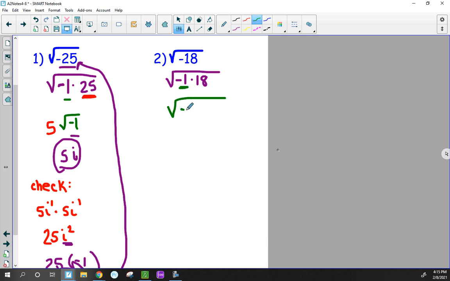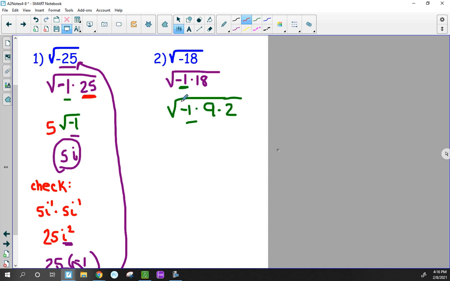You're going to drop your negative 1 down. We'll come back to that. You're now going to write 18 as the biggest factor perfect square that goes into it. 9 would be the biggest one, so it's 9 times 2. And then you pause for a minute and you make sure that this problem you've just written is exactly the same as the original. Negative 1 times 9 times 2 is negative 18.